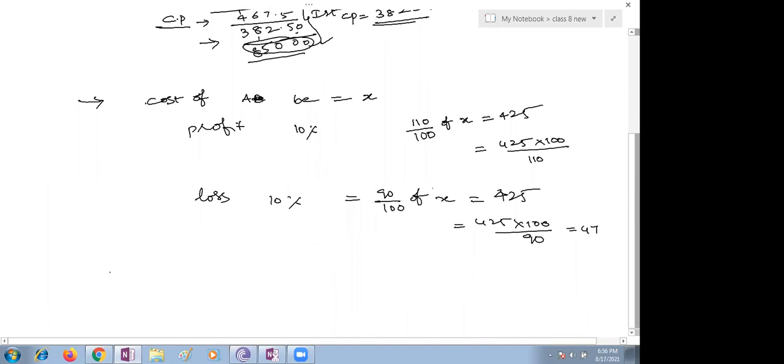We will send 110 by 100 into 425. So which table? 25 table, directly you can cancel with 25 four times. 25 how many times? 200 means 8 times. 400 means 16 times. 17 times 425. Now 110 by 4. Ma'am, I copy pasted the explanation which they gave in the chat.